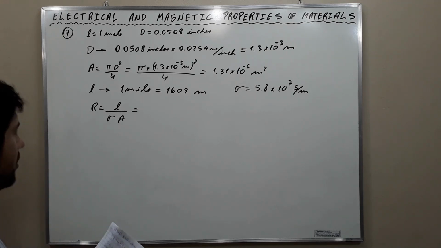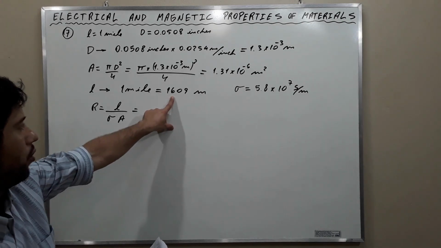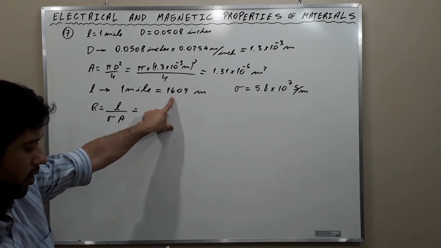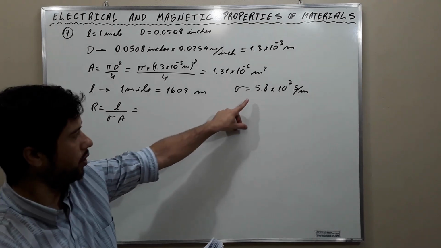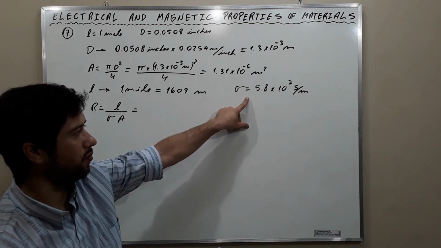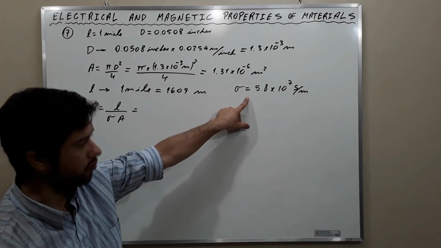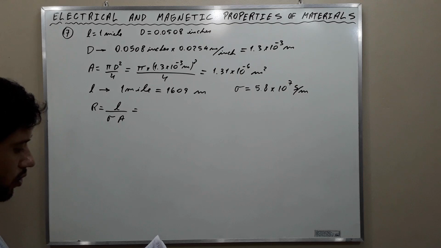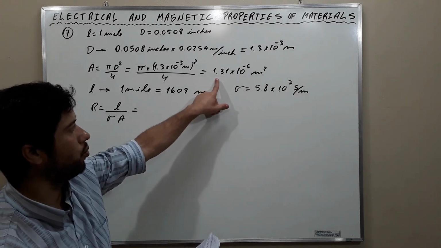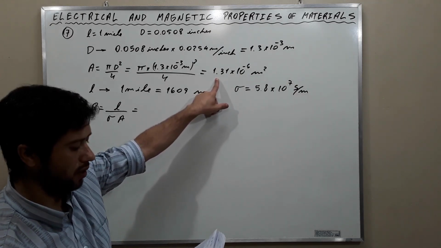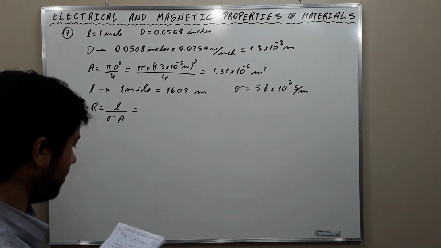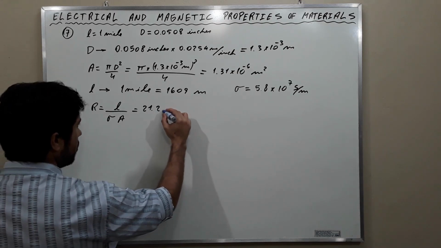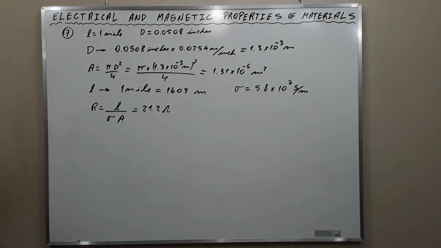Using the values, for length we use 1,609 meters. For the conductivity, we use 5.8 times 10 to the 7th Siemens per meter. And the cross-sectional area, we use 1.31 times 10 to the negative 6 square meters, and we find a value of resistance of 21.2 ohms.